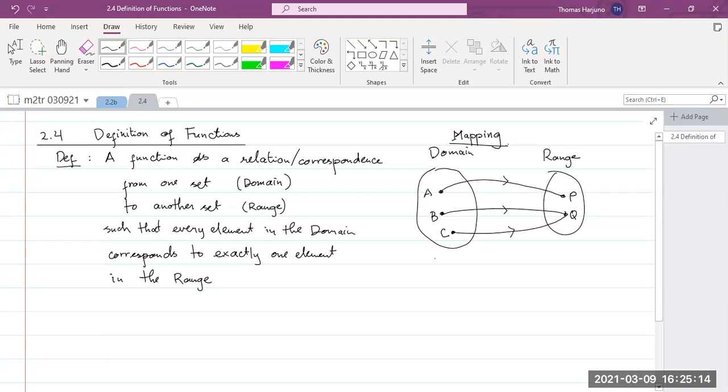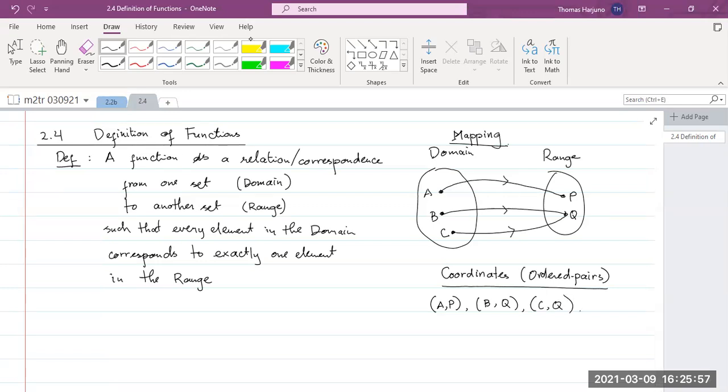Okay, now we can express that correspondence using coordinates, or sometimes we call them ordered pairs. So for example, from the mapping we see on the top, we can write it as the coordinates (A, P), (B, Q), (C, Q).